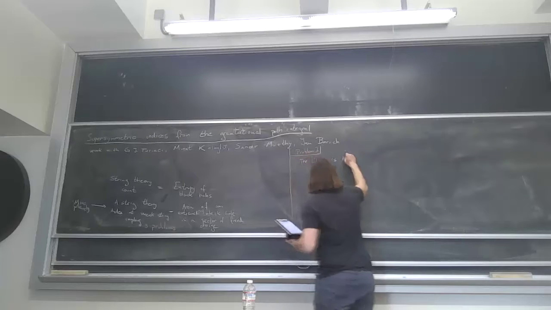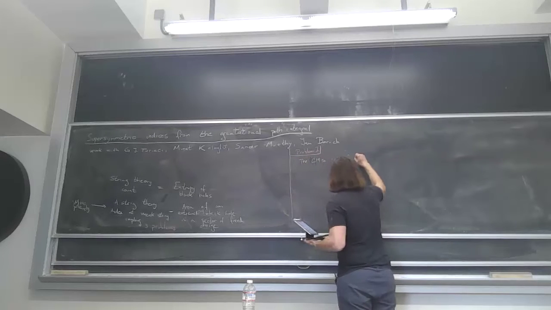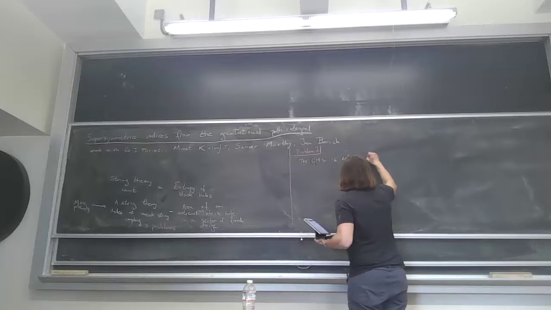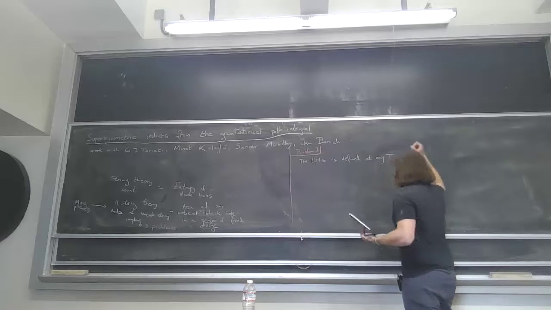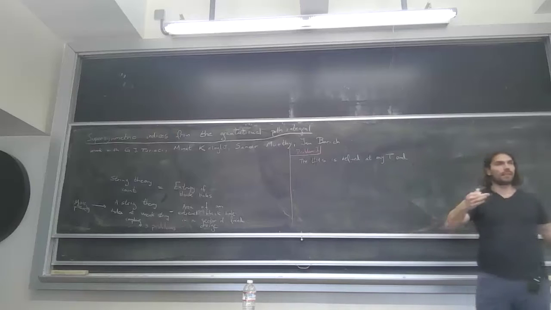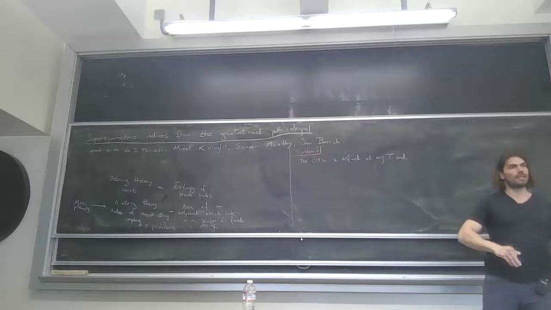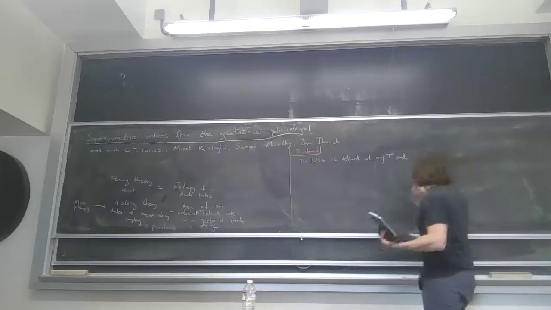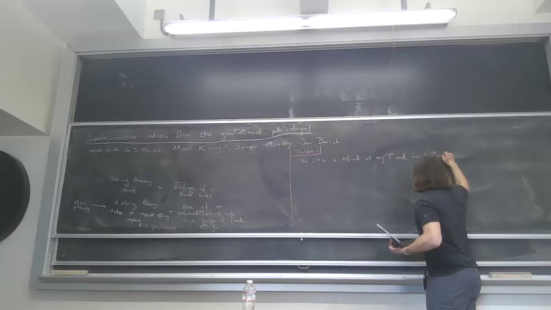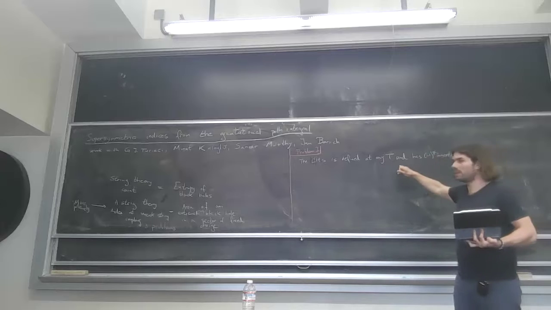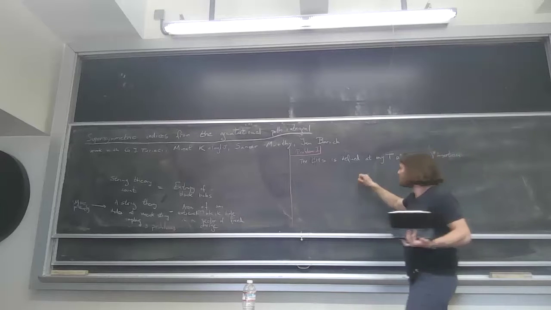is defined at any temperature, and counts fermionic and bosonic states with an opposite sign. That's because an index has a (-1)^F insertion. And more importantly, it's a protected quantity.